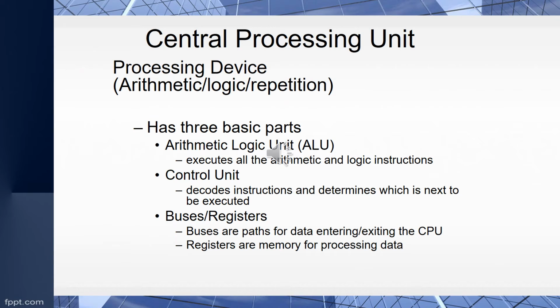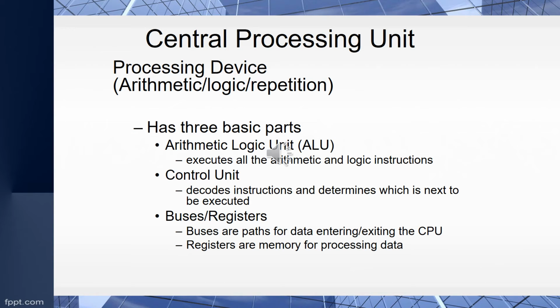The microprocessor consists of three main parts: the control unit, which is responsible for decoding software instructions; the arithmetic logic unit, or ALU, which is responsible for mathematical functions and logical processes; and the bus registers.